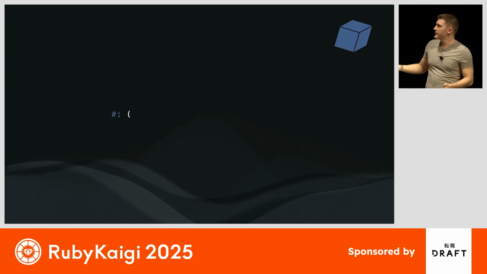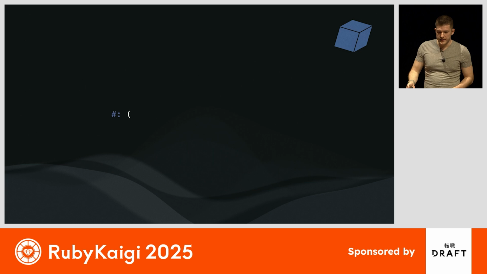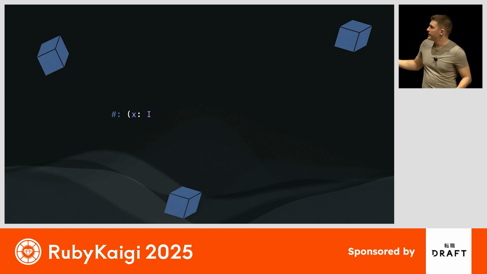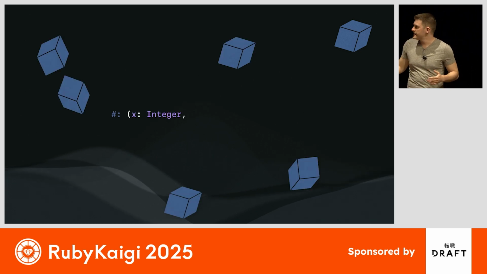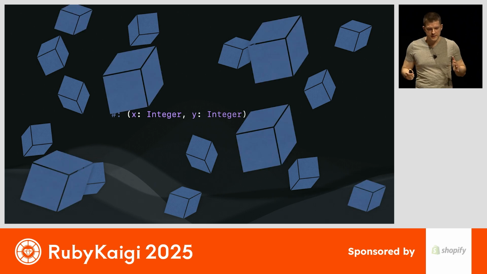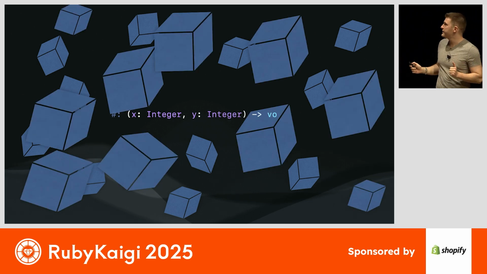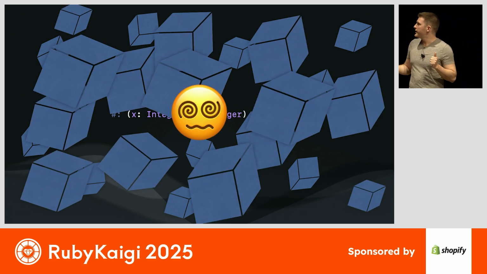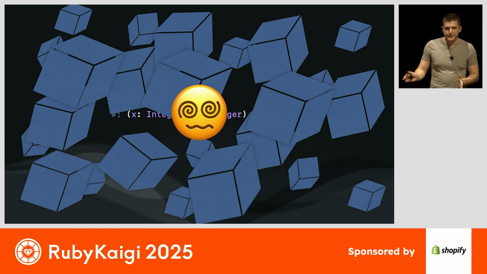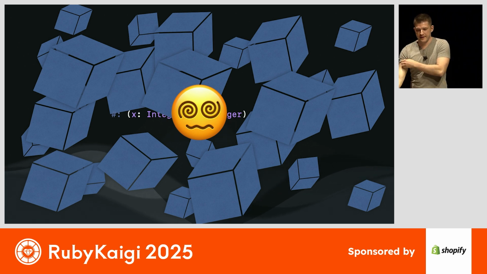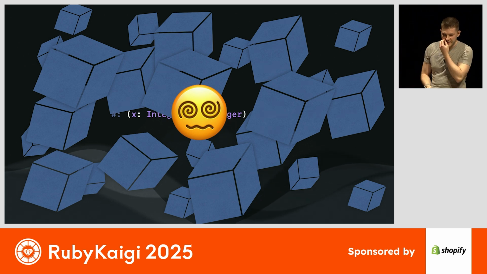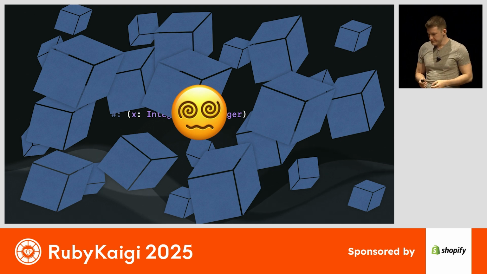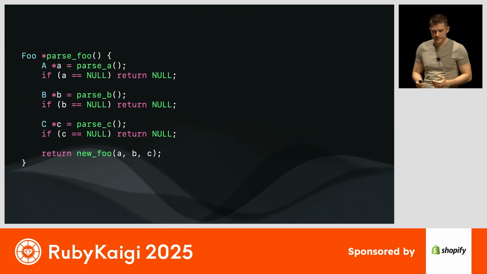So we might start with an empty comment, then we might open a brace, but that just leaked some objects. And then we're going to say, well, there's a parameter x and it's an integer and we're leaking objects, and there's also a y, and oh god, there's a lot of objects, and it's going to return void, and there's more objects. And eventually, your IDE will get killed by the operating system because you use too much memory if your leaks are too bad. We don't want this. So how do we fix it?